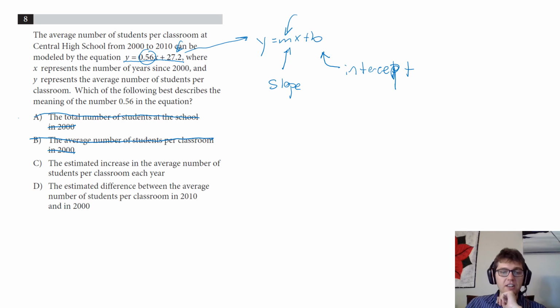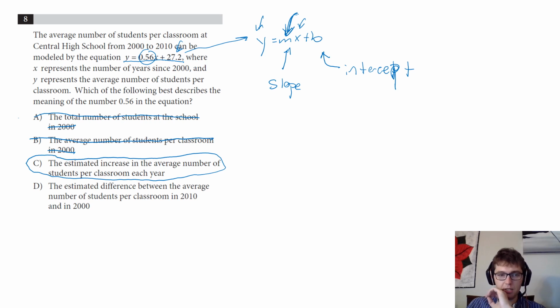Is it C, the estimated increase in average number of students per classroom each year? So this is correct because the slope of this is the change in y, the number of students, over x, which is years. So the slope of that is students per year increase per classroom. So C is the correct answer here.